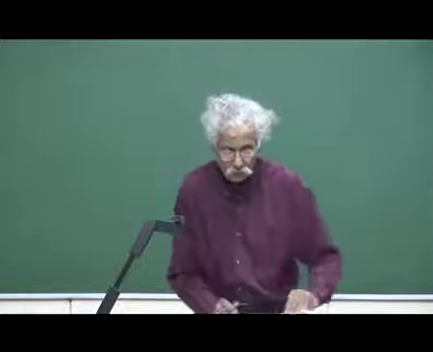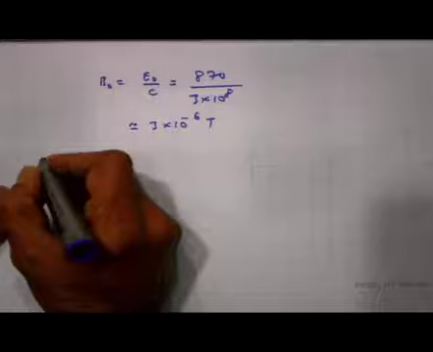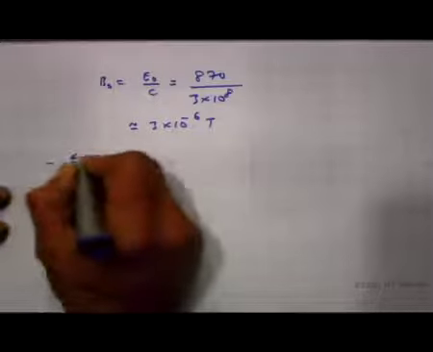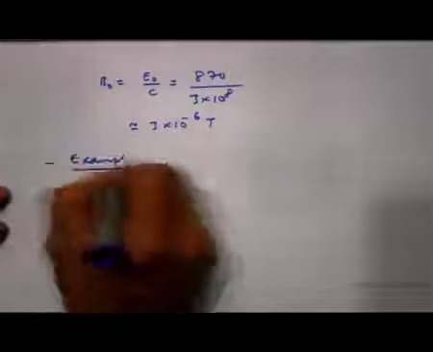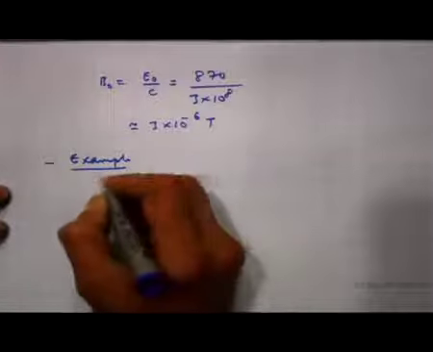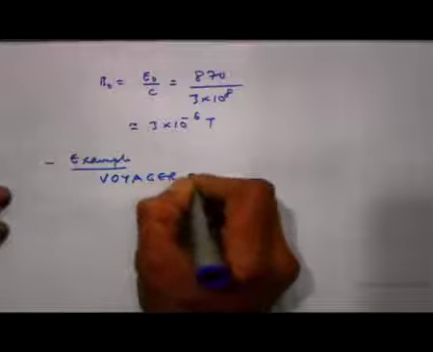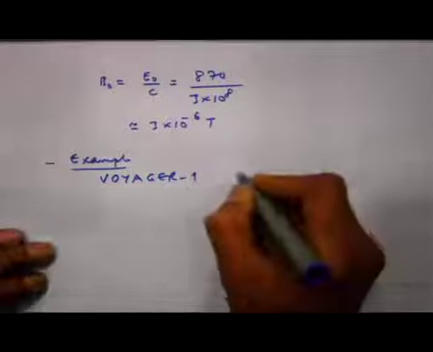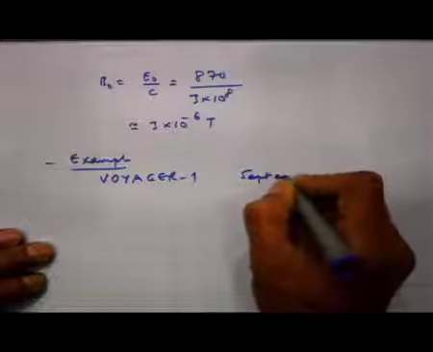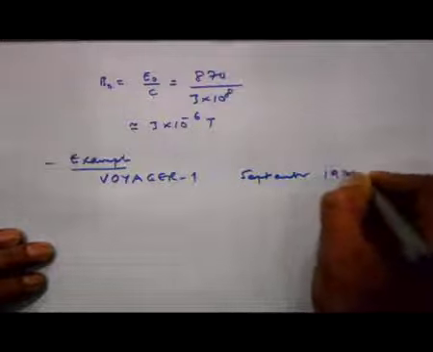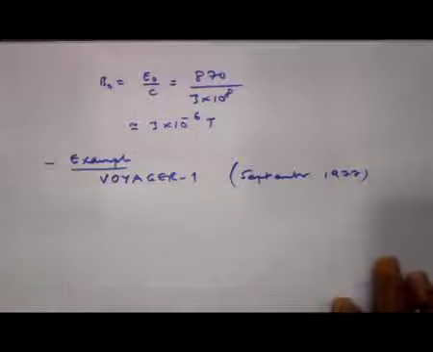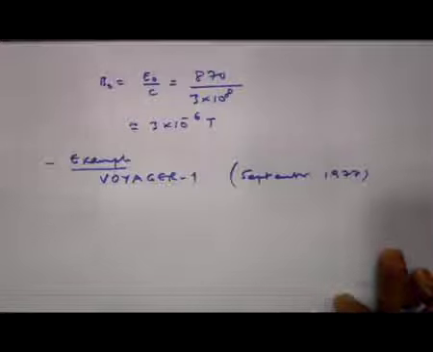Let me take another example. There was a satellite launched in September 1977, which is called Voyager 1. It has traveled over the last 30 years or so, and it has left the solar system and is out in space.